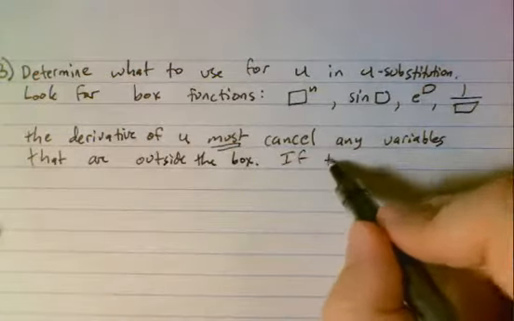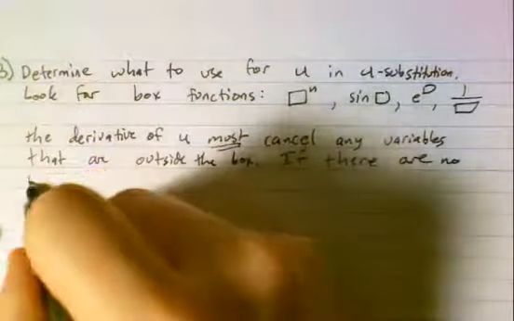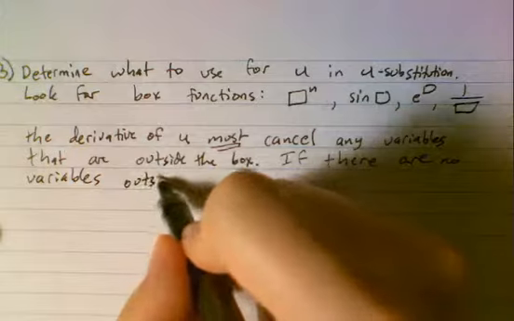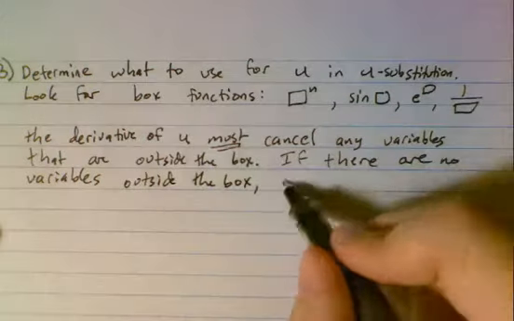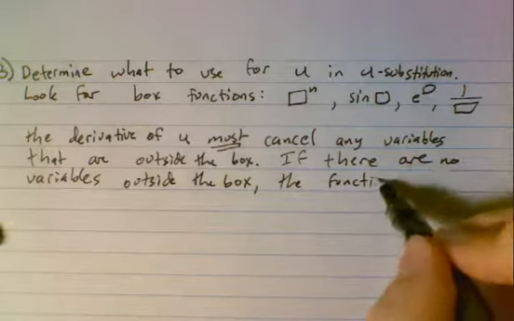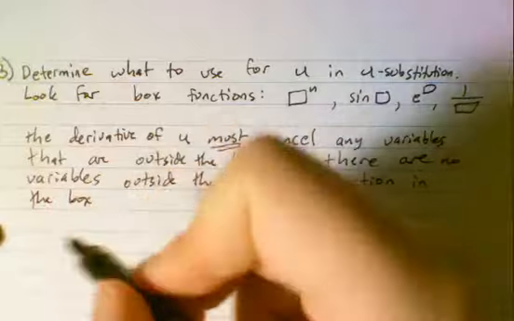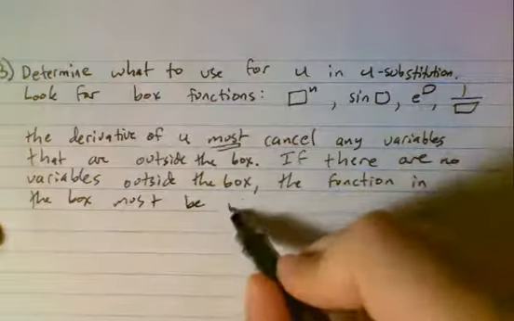If there are no variables outside the box, the function in the box, that's U, must be in the following form.